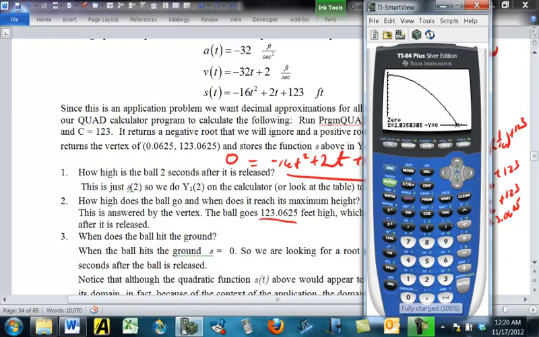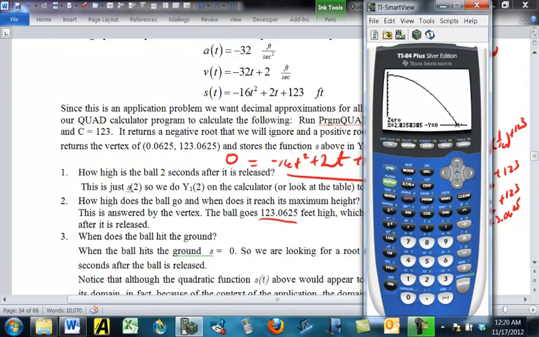Should give you y of 0, and there's your x, 2.8358385. If we did the quadratic formula on this, we would get that. Actually, we would get two values. One over here positive, and if you follow this on over, way over here somewhere in the negative, there's one too. But the negative one doesn't apply in the context of this problem. So at that time, it's going to hit the ground.